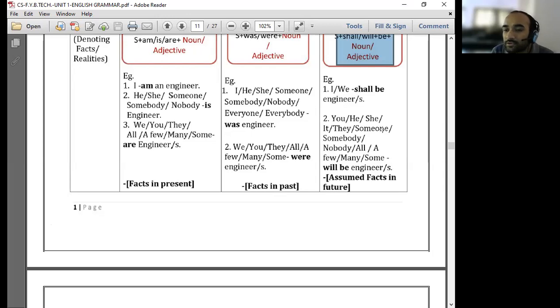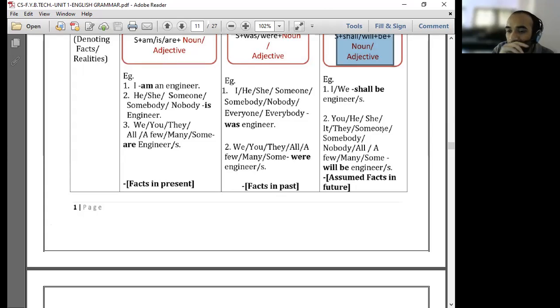That is, you, he, she, it, they, someone, somebody, no one, nobody, all, a few, many, some. So we can see that the simple future tense is used for the assumed facts in the future.